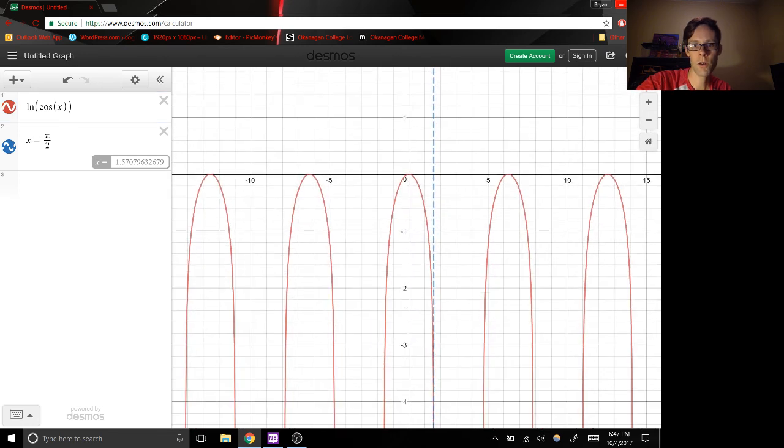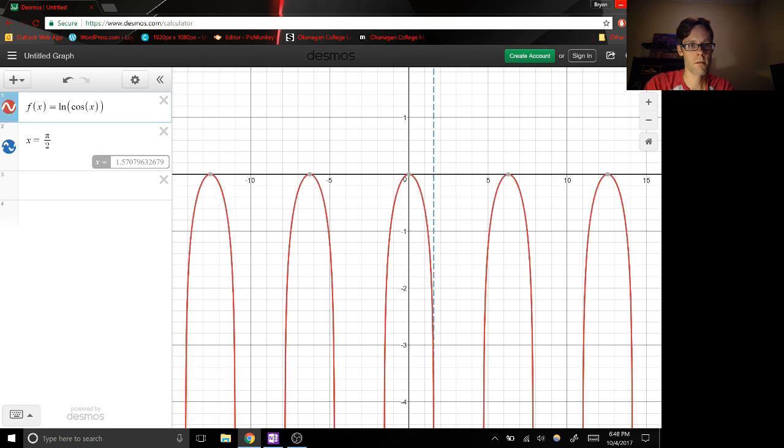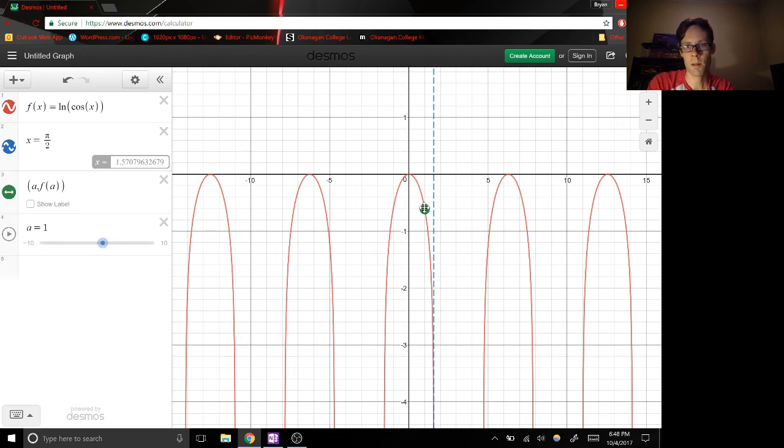Yeah, and as we get closer and closer to pi by 2 from the right side, let's put a slider in here so you can kind of see what I'm thinking. So as I'm getting closer and closer to pi by 2, it looks like my y sequence is going to get big and negative really, really fast. Okay, so that's that green dot.